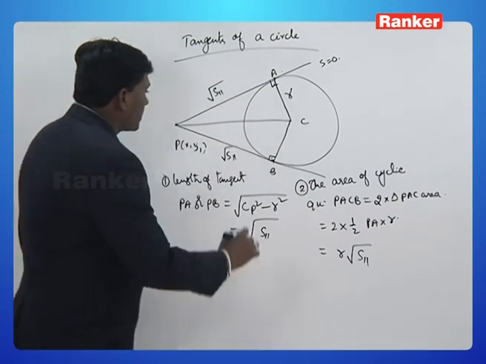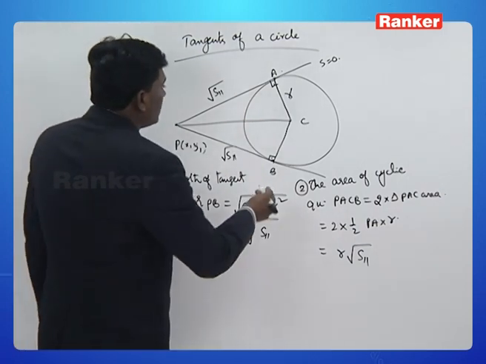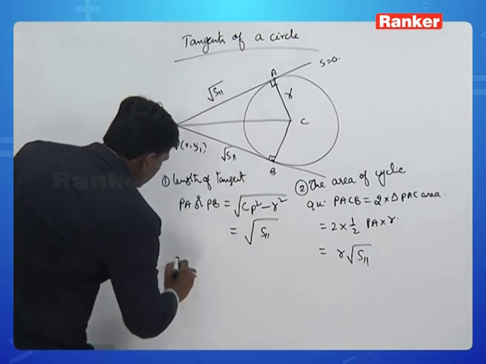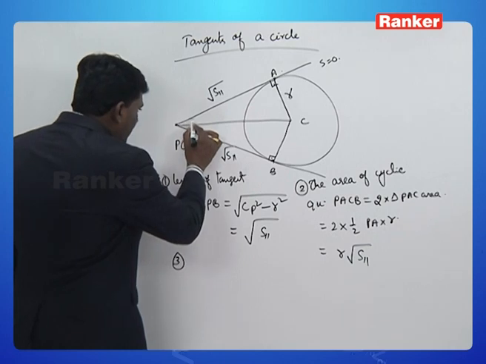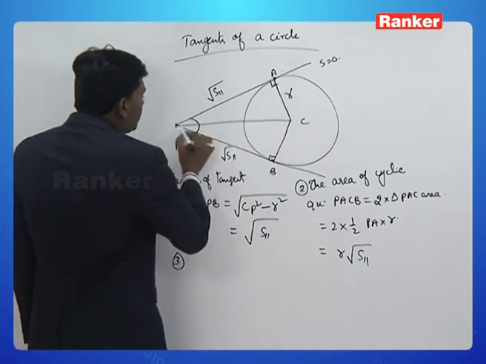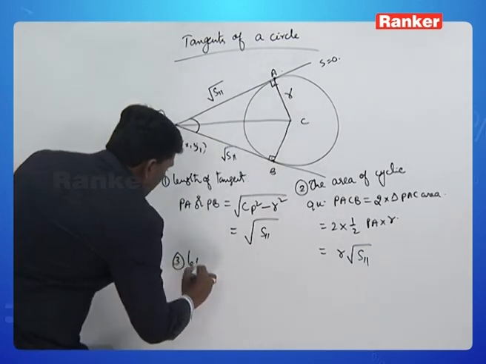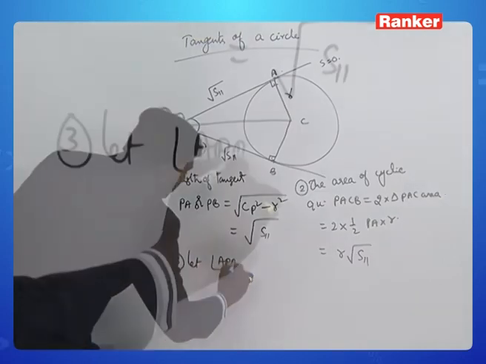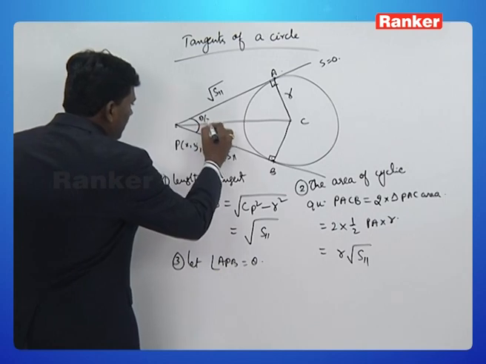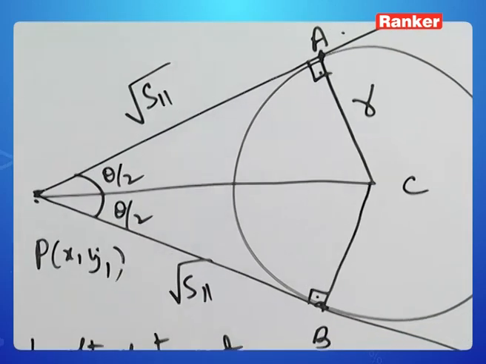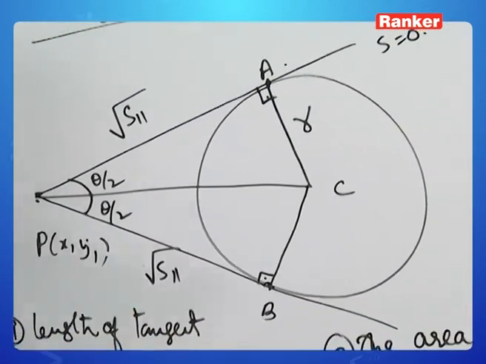Now, coming to point number 3. Suppose we take angle APB as theta, then each angle will become theta by 2, theta by 2.